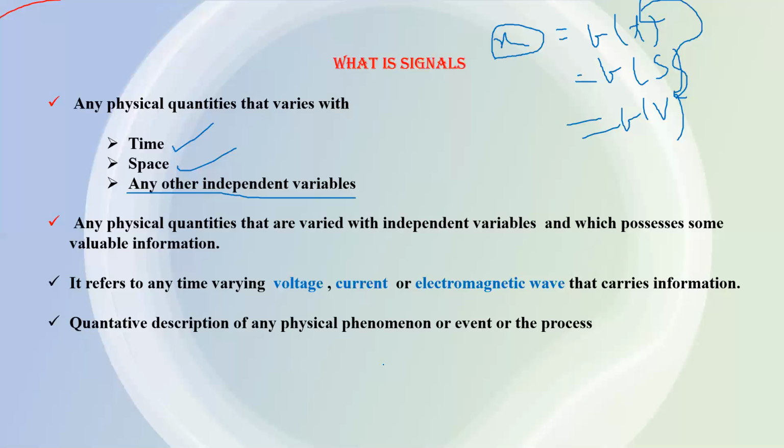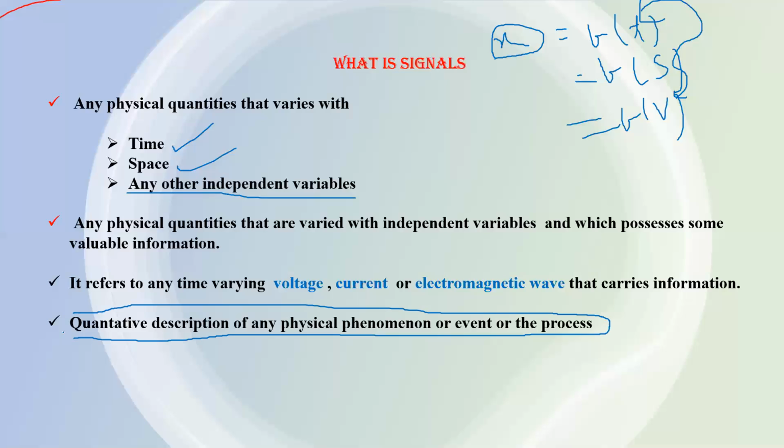And third, an important point is the quantitative description of any physical phenomena or event or process. This is a very important point. If you want a quantitative description of any physical phenomena, how will you quantify a physical phenomenon? You can quantify it through a signal.